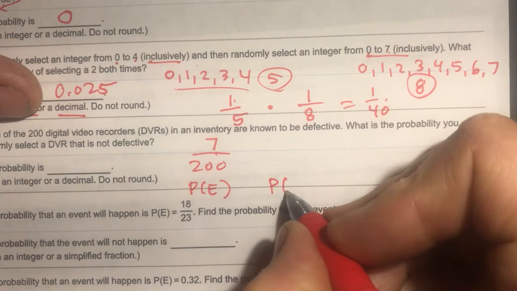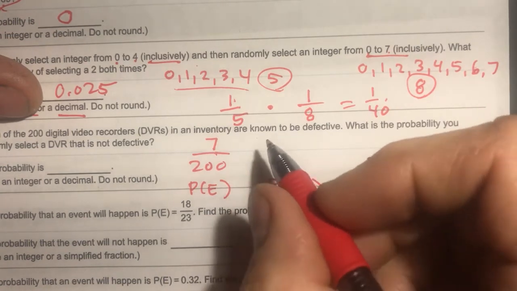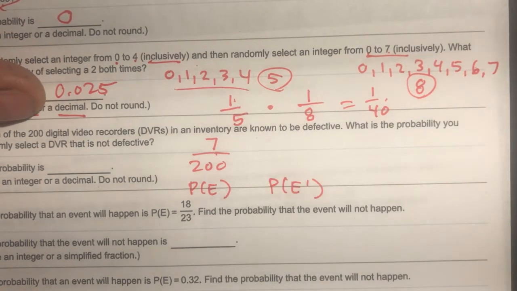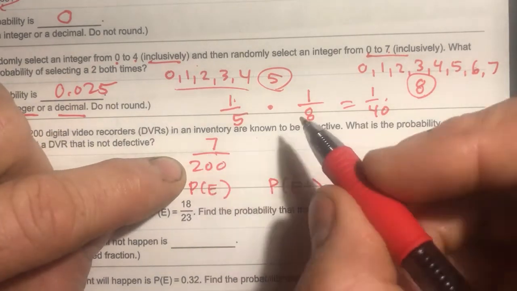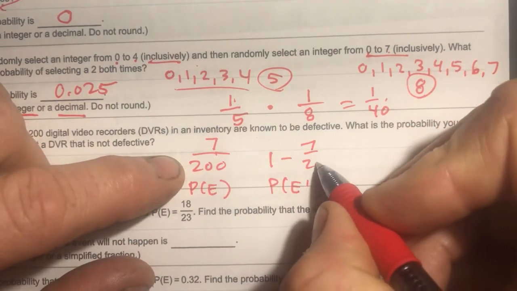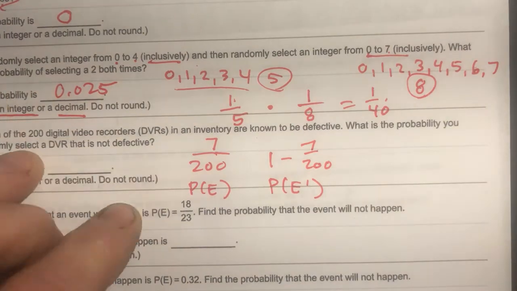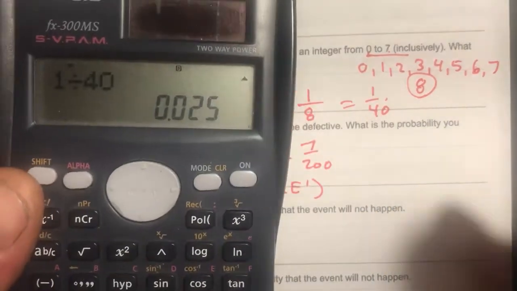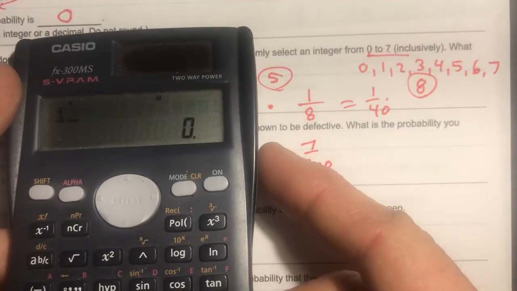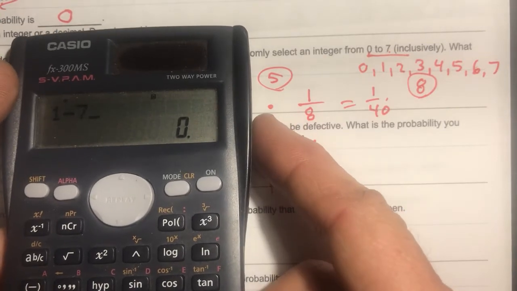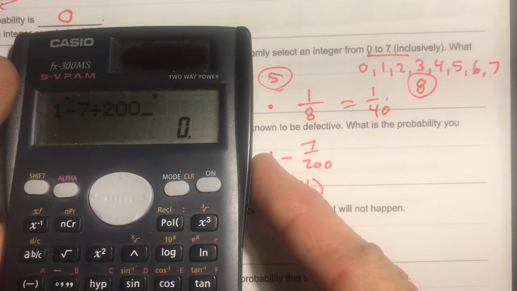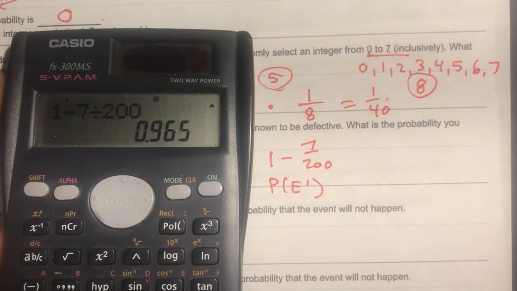What's the probability of the complement of that? What's the probability that they're not defective? So I'm going to do 1 minus this. Let's do that. 1 minus 7/200. I get 0.965.